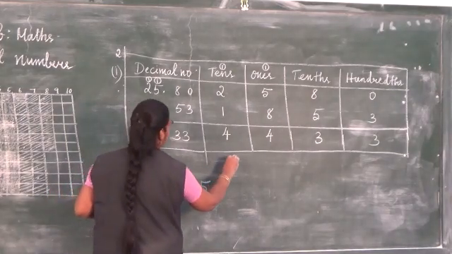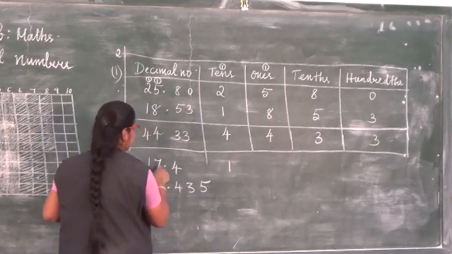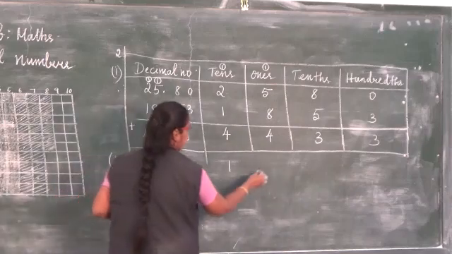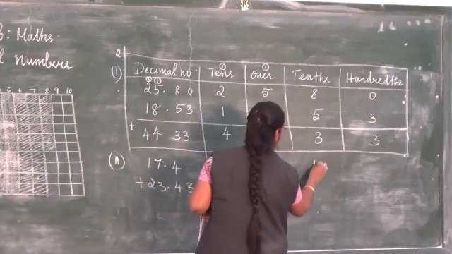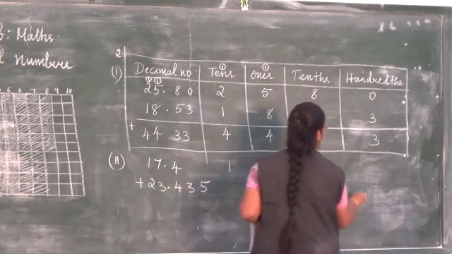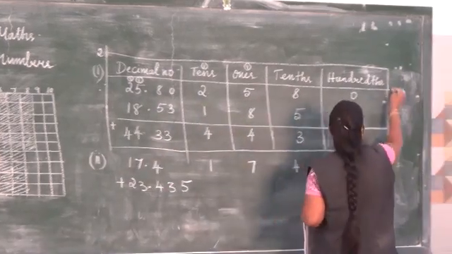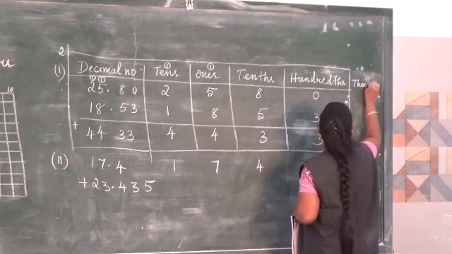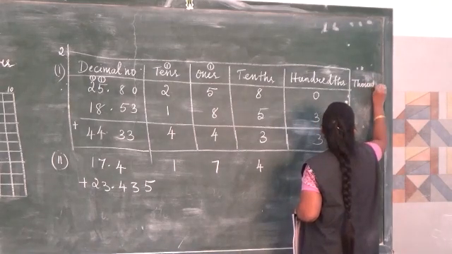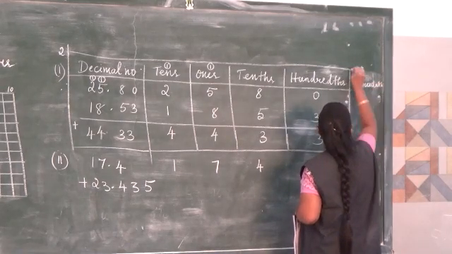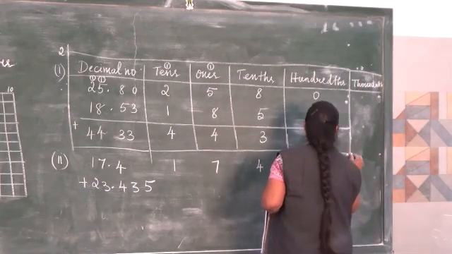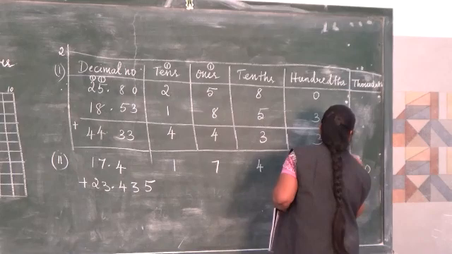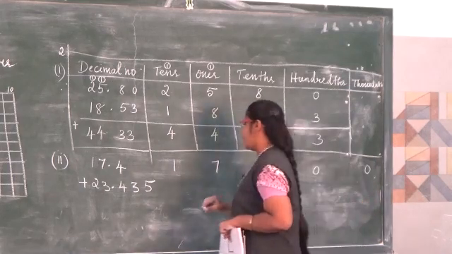Here in the tens place 1, then in the ones place 7, in the tenths place 4. So hundredths place, and then the next one is thousandths place. So in the thousandths place, they have not given a number, so it is 0.